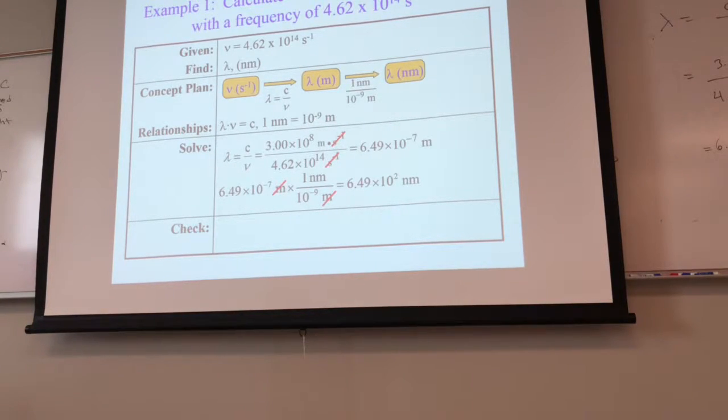That's 1 billion, okay? And that would mean this would end up being 649 nanometers. Sometimes it's necessary to convert them to nanometers to compare them to other wavelengths, okay? So you will see this nano unit used a lot in this chapter, okay?